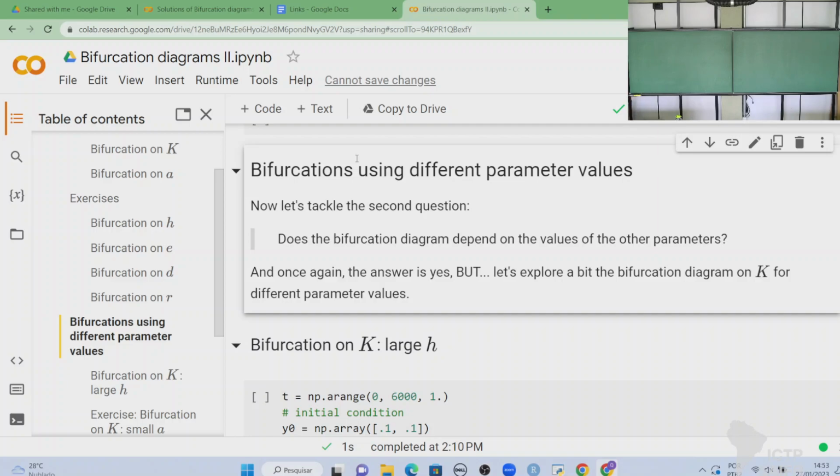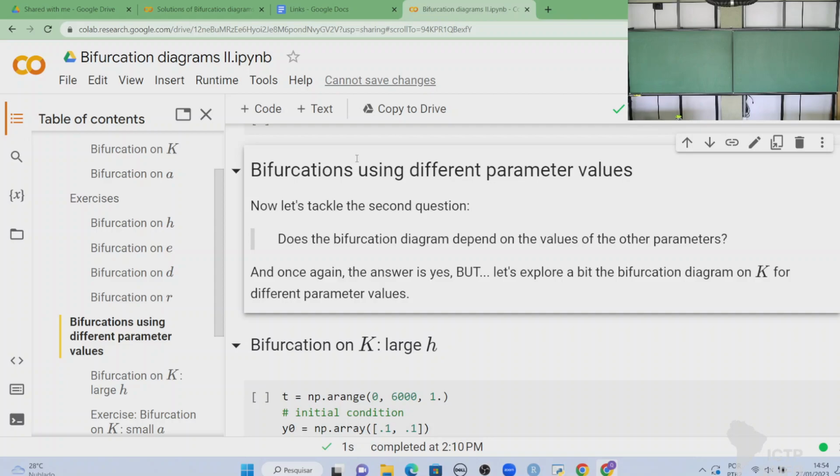Does the choice of parameter also influence strongly the bifurcation diagram? The answer is that it could, but most of the time it doesn't. And if you think it may be happening in your system, just do the bifurcation diagram again with some other value of the parameter. It's not that difficult, you know?